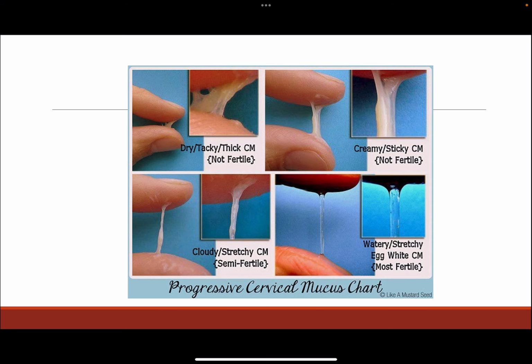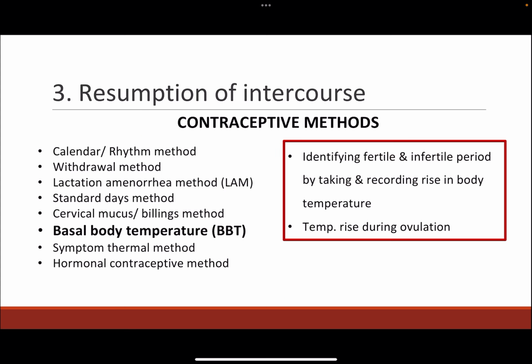This one is not fertile: dry, thick, creamy-like, sticky. Cloudy or stretchy is semi-fertile. And this one is watery, stretchy, egg white, most fertile. So hindi siya mabibreak if you expand your finger. We have also the basal body temperature.